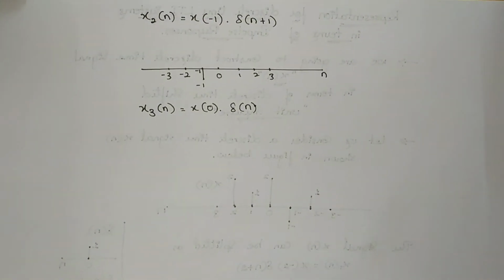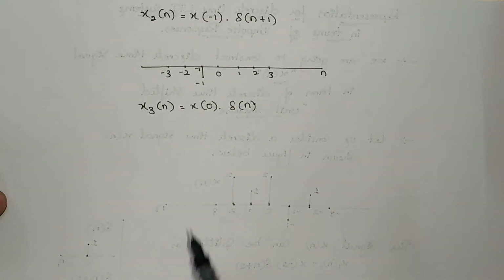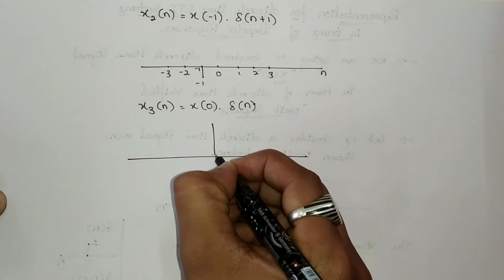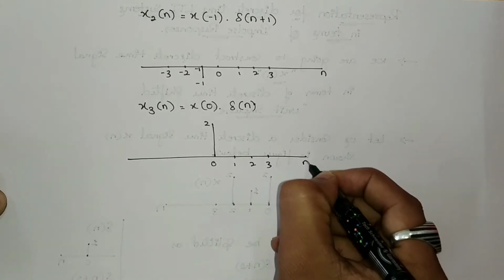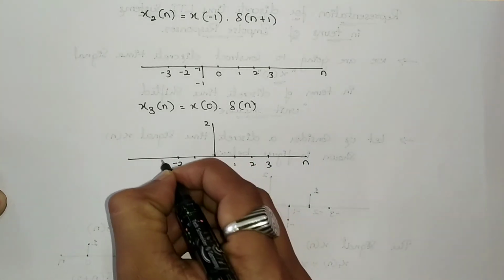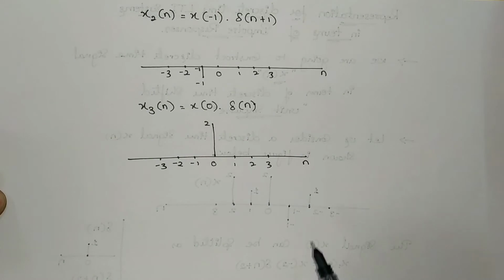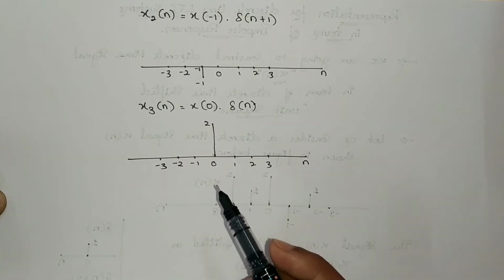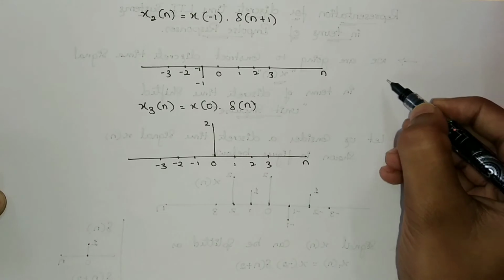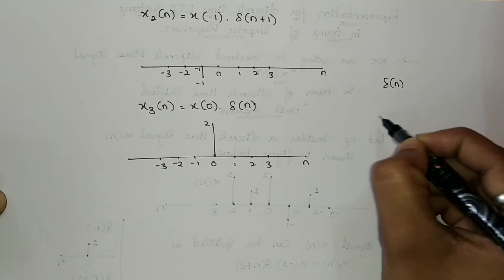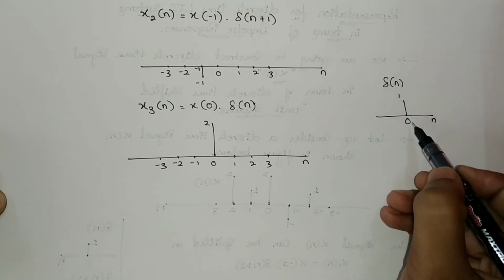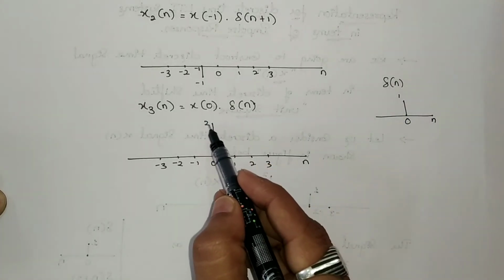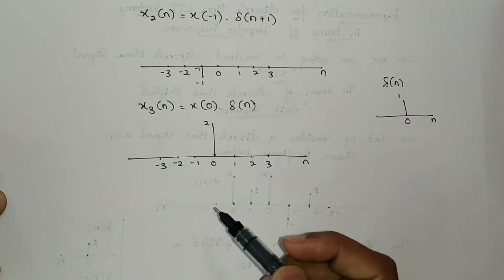That x of 0 value is 2, so x of 0 into delta of n. As we all know, delta of n is 1 at n is equal to 0. 1 into x of 0, which is 2. 1 into 2 is 2 itself.